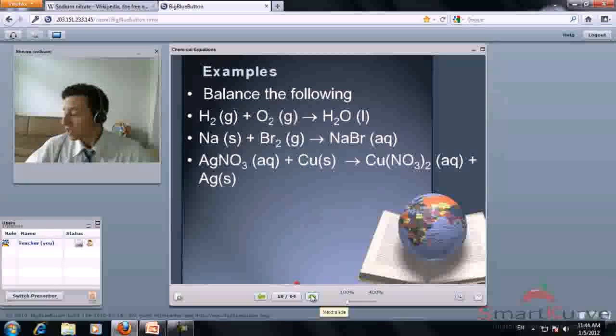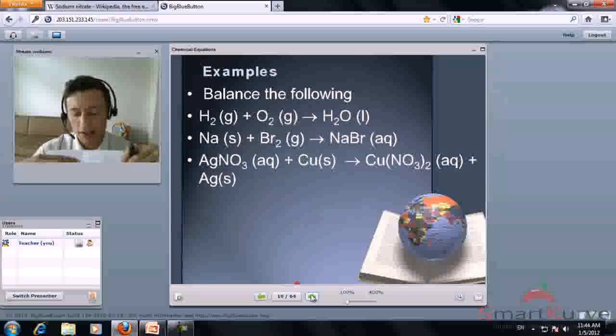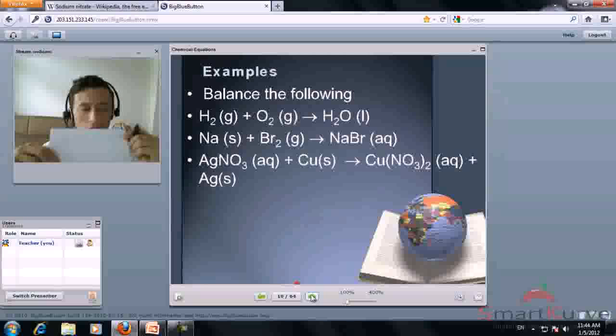Alright, so let's go back to our equation. H2 plus O2, yielding H2O. Notice, in the reactant side, we have 2 atoms of oxygen. However, on our product side, we only have 1 atom of oxygen.